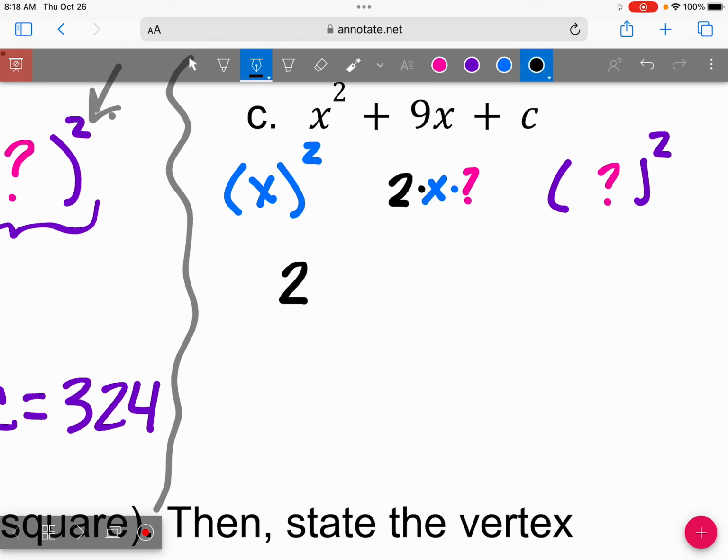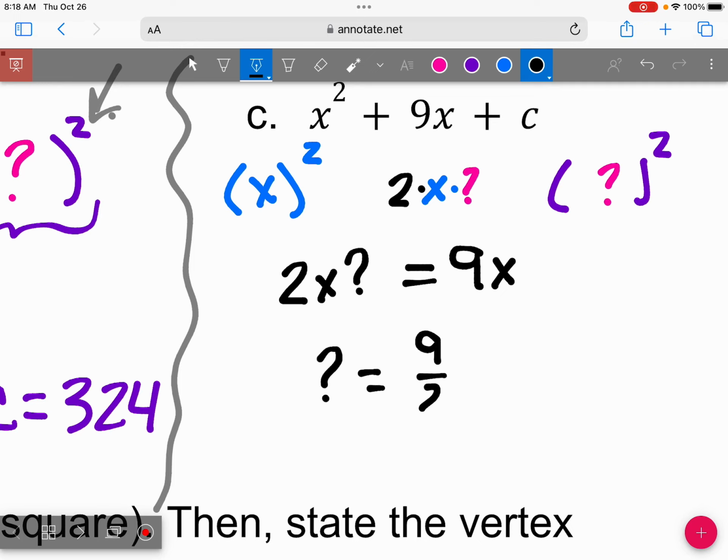So 2 times x times question mark equals 9x. So we're going to divide both sides by 2 and x to figure out that question mark is 9/2 or 4.5. I do not care, genuinely, whether you do fractions or decimals. It does not matter.